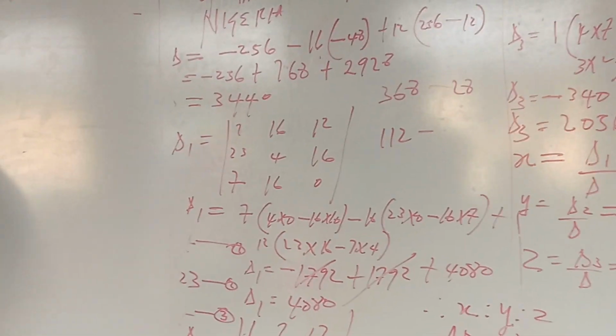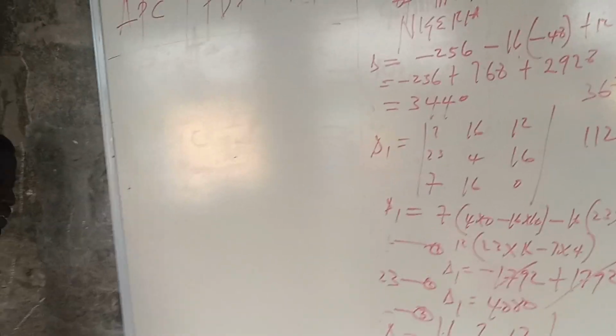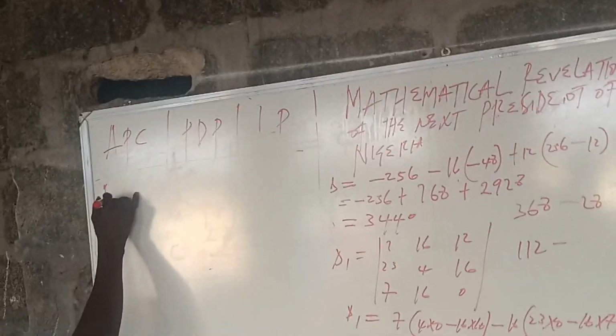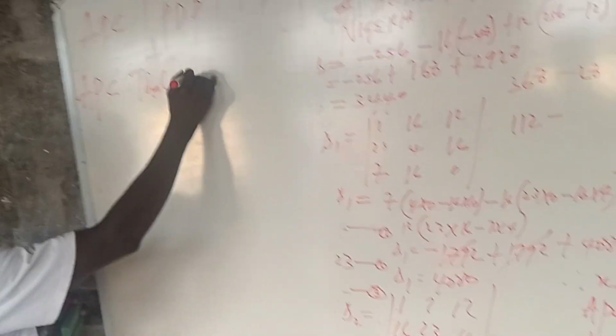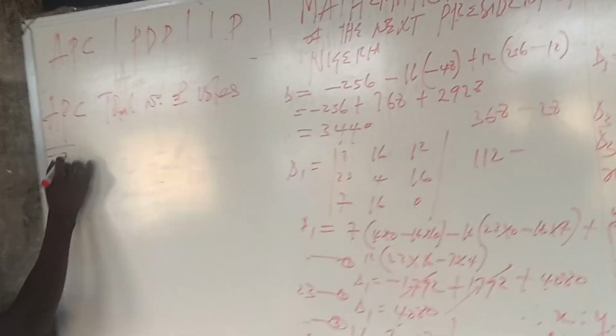The total number of votes that will be cast for APC on the 25th, Saturday, February, here in the Federal Republic of Nigeria, will be equal to what?